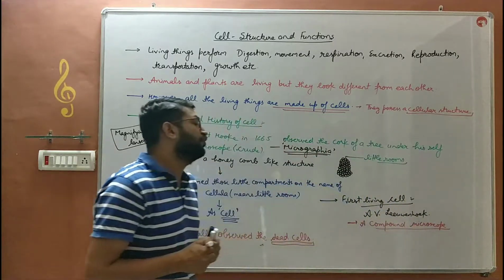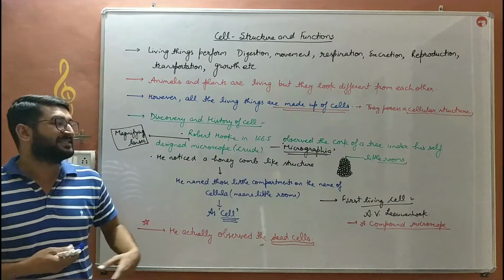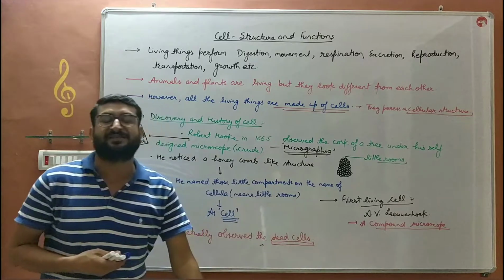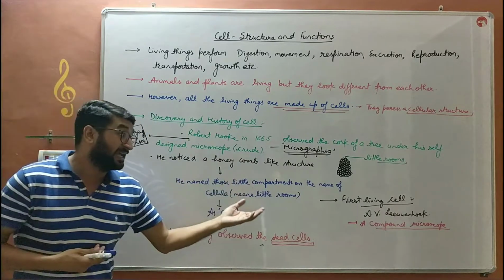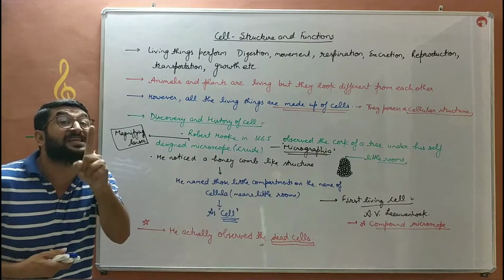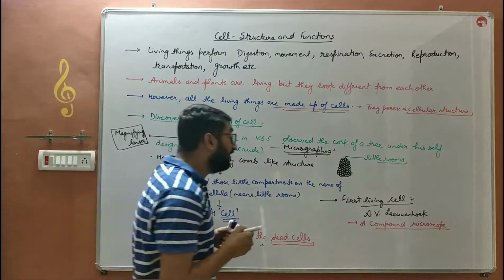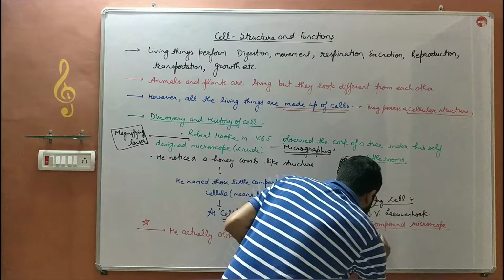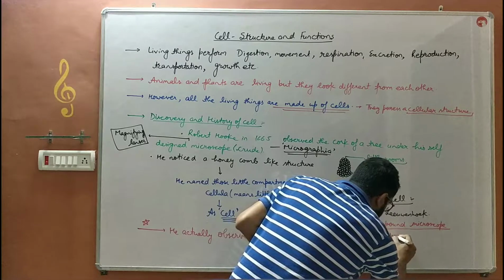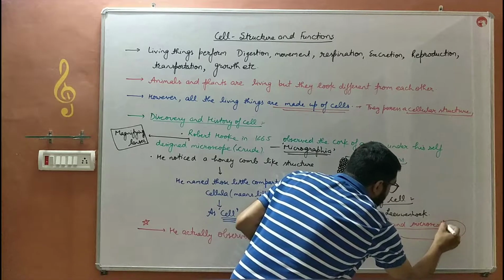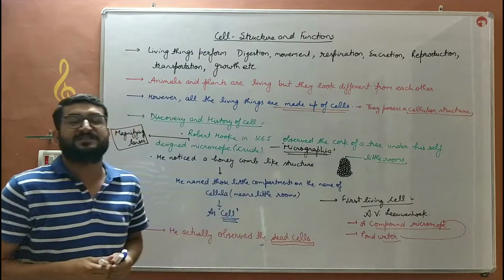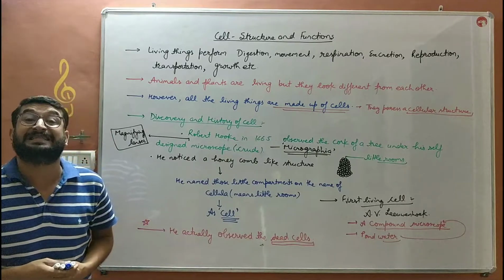So if someone asks you who invented the microscope, Anton von Leeuwenhoek in 1674. He was the scientist who discovered the first living cell. How? He observed the pond water under his microscope, and he first discovered the living cell, that is bacteria.